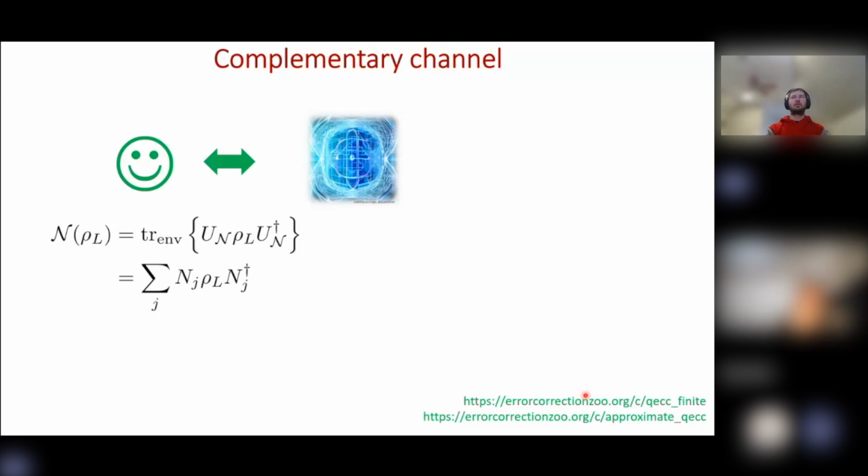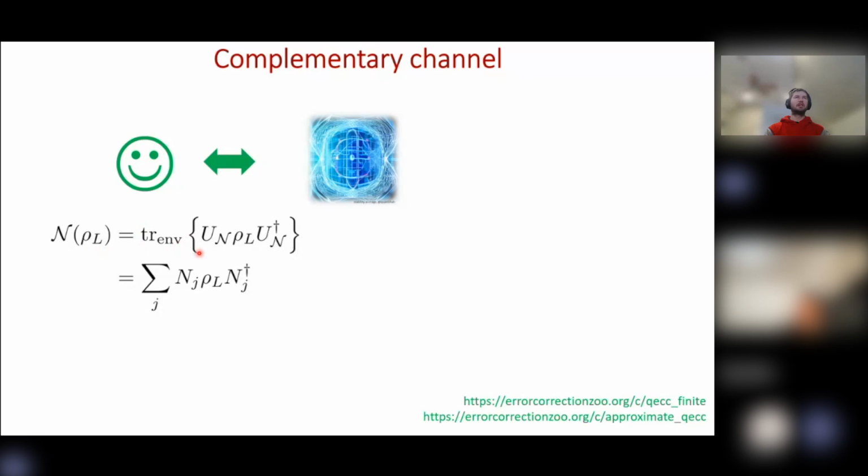And here you go into a little bit of open quantum systems, quantum channel theory, where hopefully you will recall that any channel N, in this case the noise channel, can be thought of as the action of some kind of unitary on a larger system and environment, followed by a tracing out of the environment.